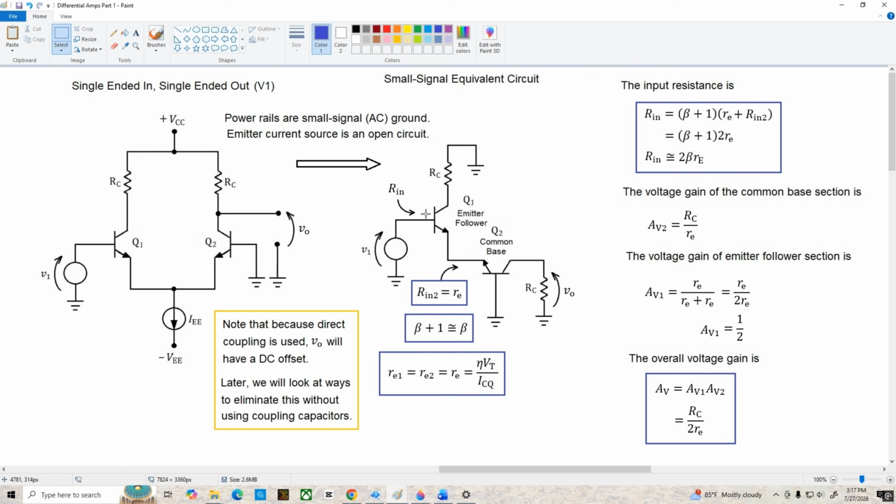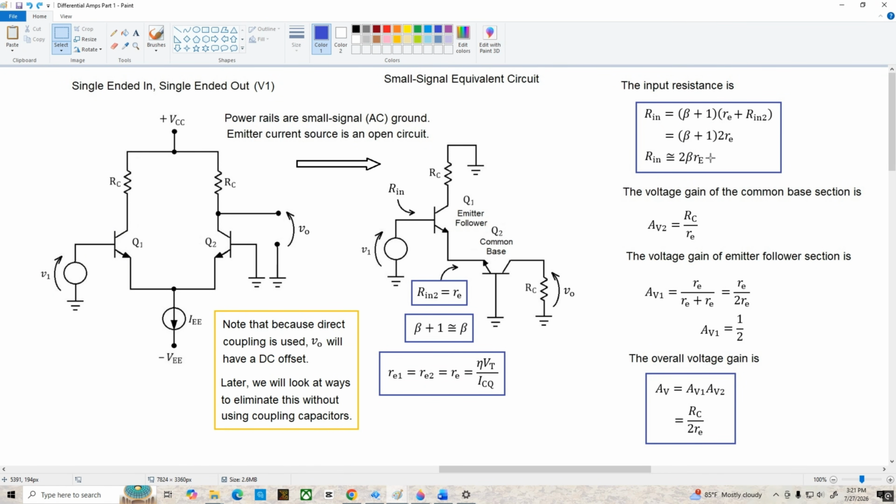And if we look at the input resistance to the left-hand transistor, we see that it's beta plus 1 times little re for Q1, plus the external resistance, which is the input resistance of stage 2, or little re2, and that works out to be beta plus 1 times 2 little re. And remember, beta plus 1 is typically very close to the same value as beta, so normally we'll just approximate the input resistance as equal to 2 beta times little re.